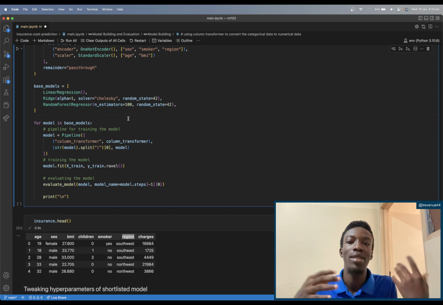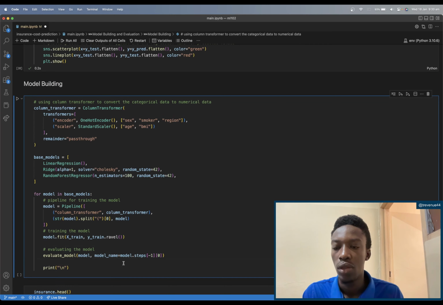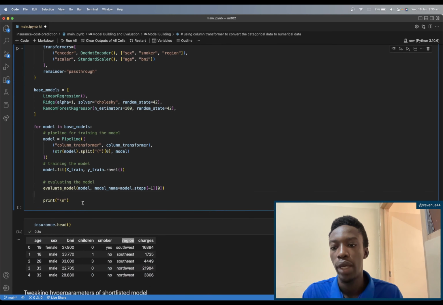Then after that, it passes the output of that stage to the actual base model for training, and that is the pipeline that I've created over here, and basically fitting that to the X train, Y train, and then I call my evaluate model function to do the evaluation for me, passing in the appropriate parameters over here, and that works. So let's go ahead and run this cell and see what we get.